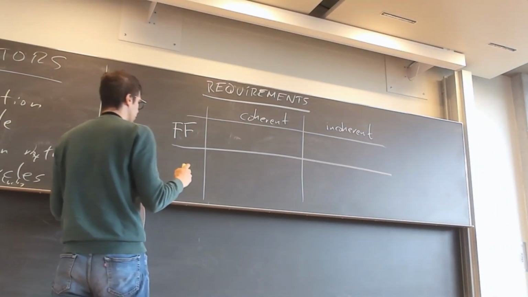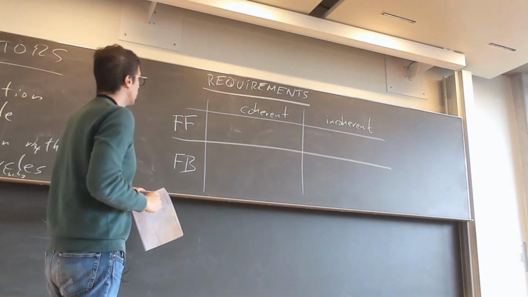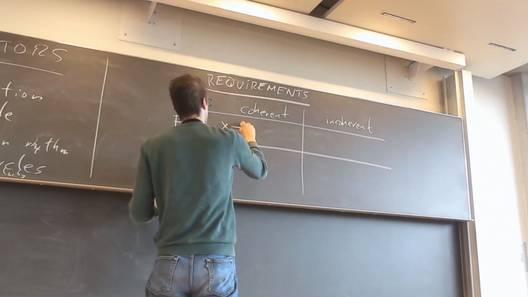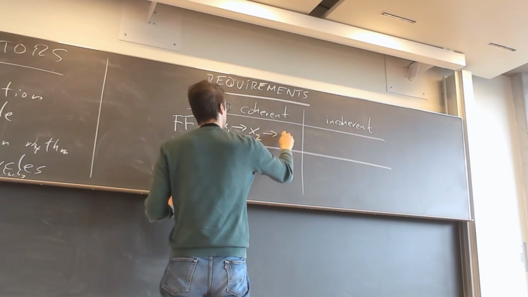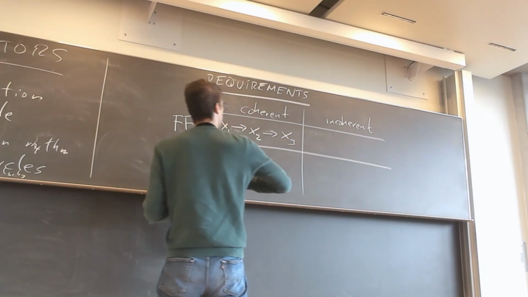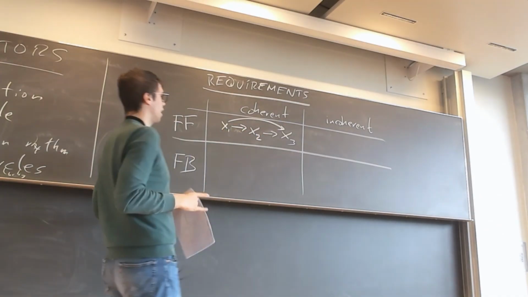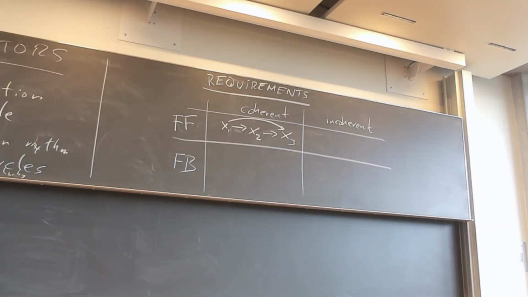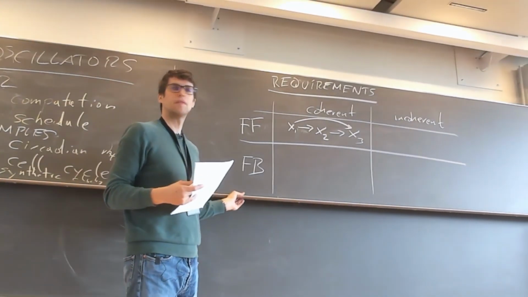It might be feed-forward, or it might be feedback. Okay? So for example, if we have, let's say, 3 genes, and we have something like this. Gene X1 upregulates gene X2, which upregulates gene X3. And then there's another path, which is also feed-forward, going in the same direction, which is X1 positively feeding X3.